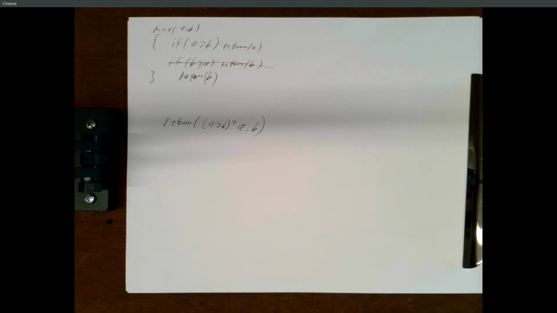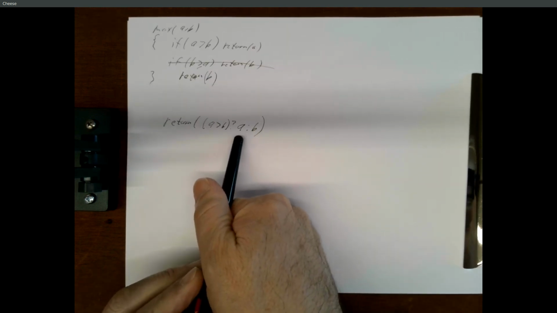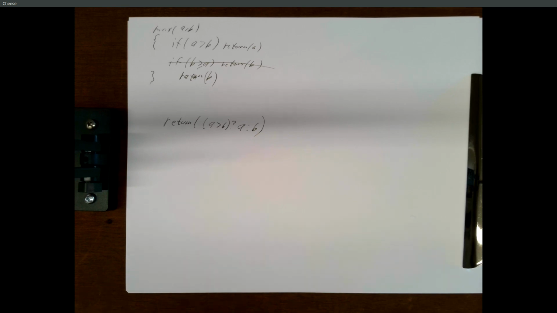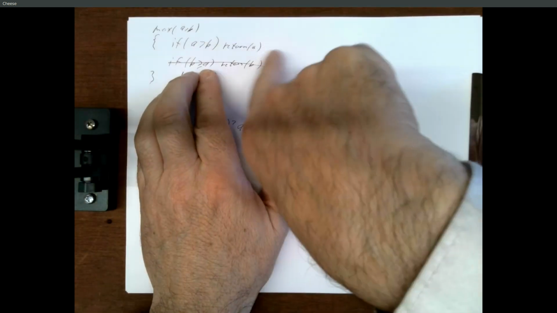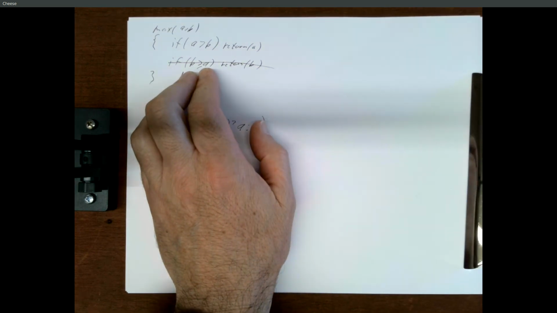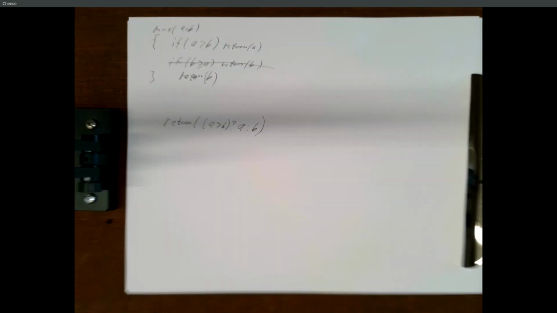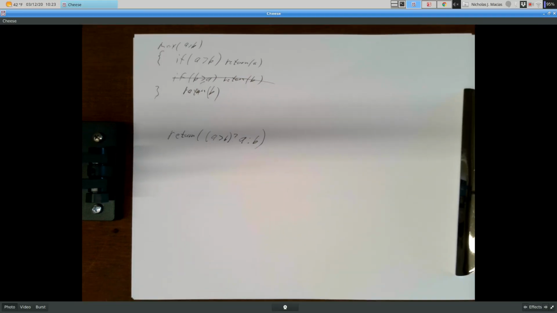The ternary operator says if A is bigger than B, then this expression is equal to the thing before the colon, so you return A, otherwise you return B. In Java, if you do something like this, it'll warn you there may not be a return value, but C doesn't care. It's like, sure, no problem. So you have to catch those things yourself.